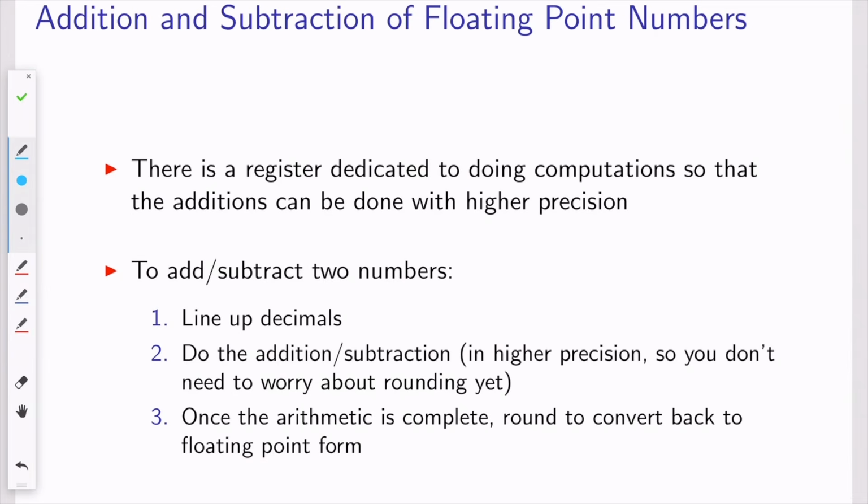So what you do is you take your numbers that you want to add and you line up the decimals and you do the addition and subtraction. And for now, you can imagine that when you're doing that addition and subtraction, you don't have to worry about rounding yet. But then once the arithmetic is complete, then you have to round it back into floating point form. We're not going to delve too deeply into that, but in case you were wondering.